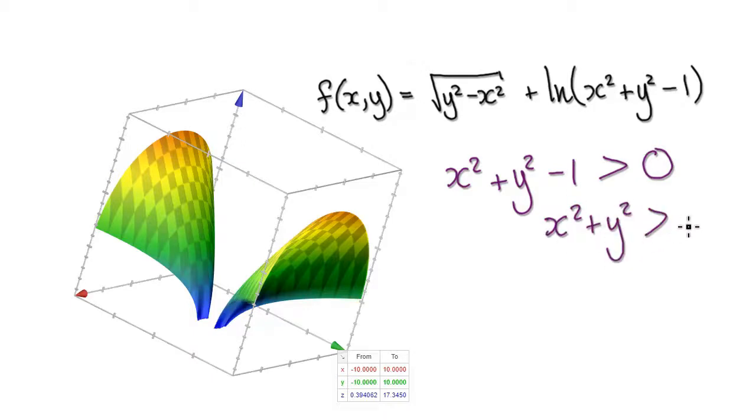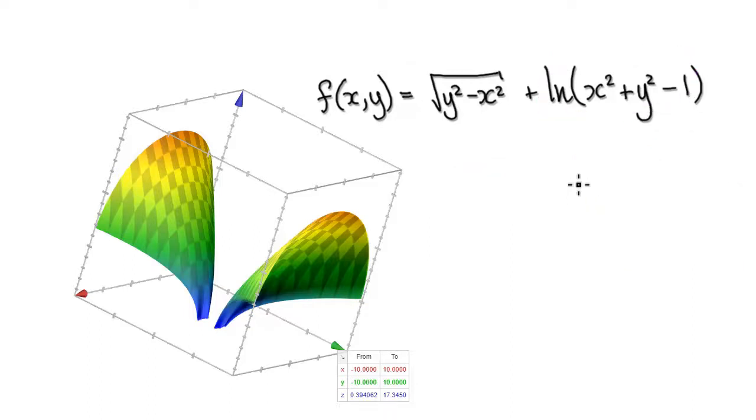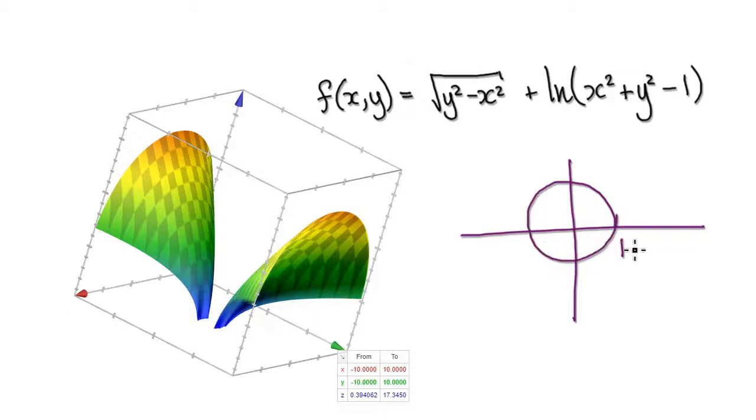By now you should be able to recognize that this is a circle of radius 1. So for this domain, we need the circle to be bigger than 1. So this is our circle of radius 1. And remember, for this block, it was this thing here.